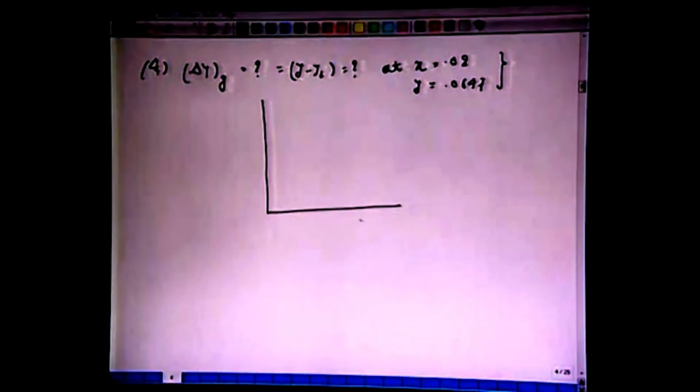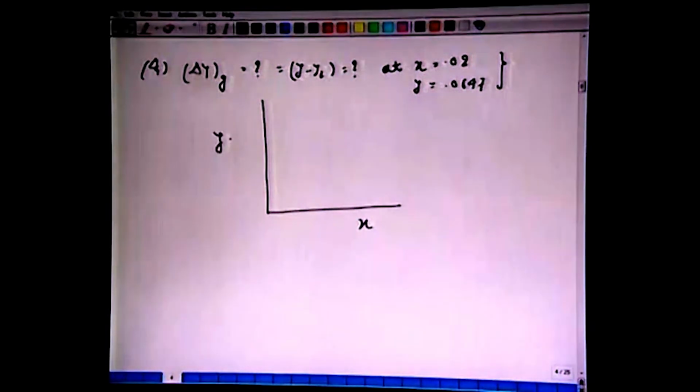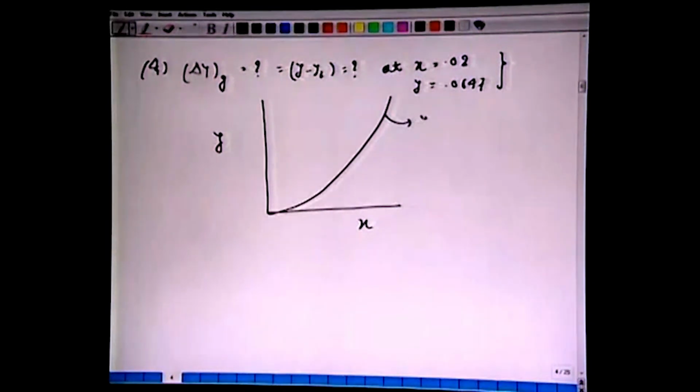So, if you want to do it graphically, or even otherwise, it is a good idea to draw graphically. We have this curve of y equals 2.5x plus 4.5x square. So, we draw this curve and the location where the bulk phase concentration is given as 0.02 and 0.0647. So, this is the coordinate of x and y.